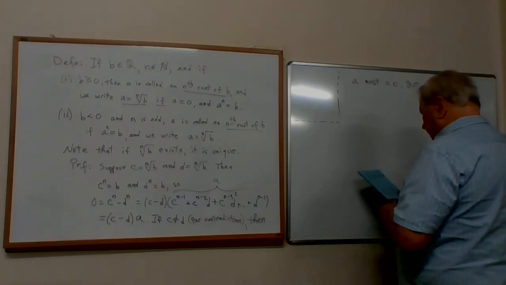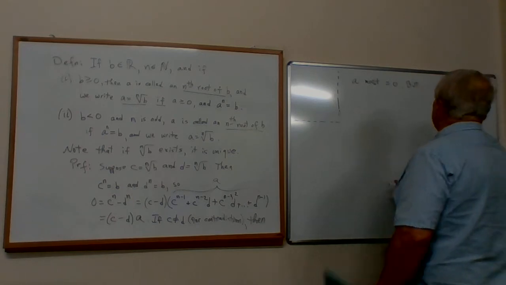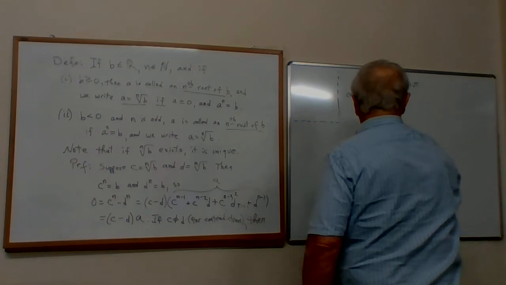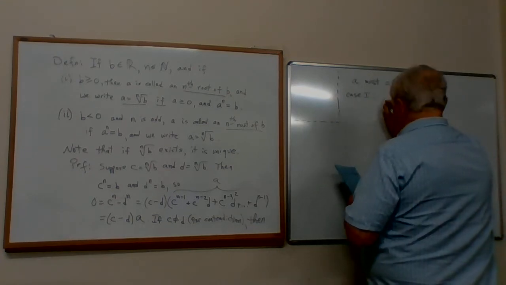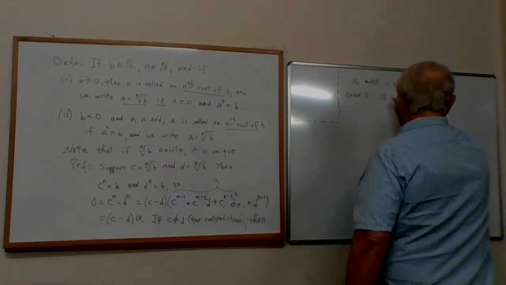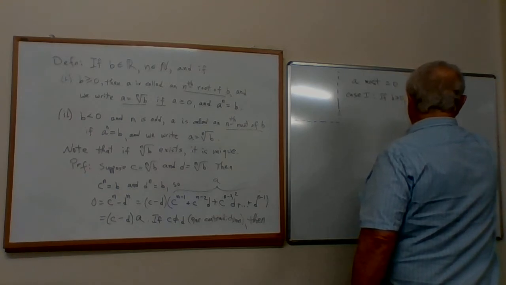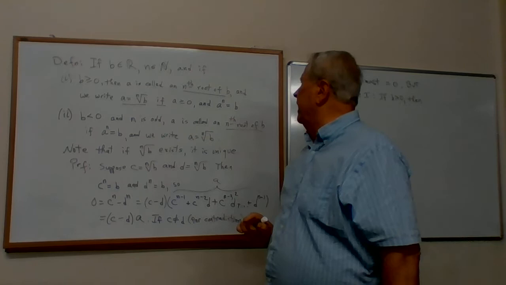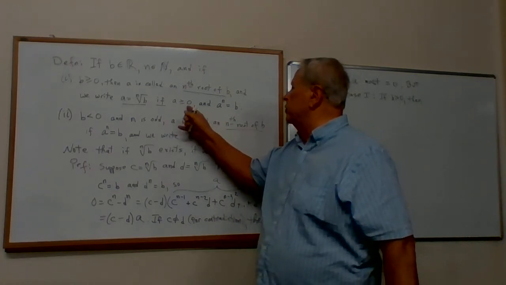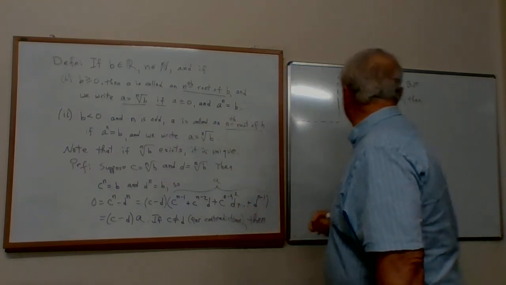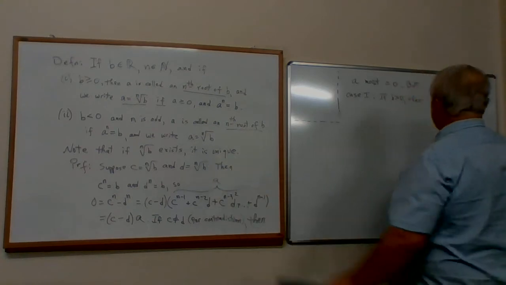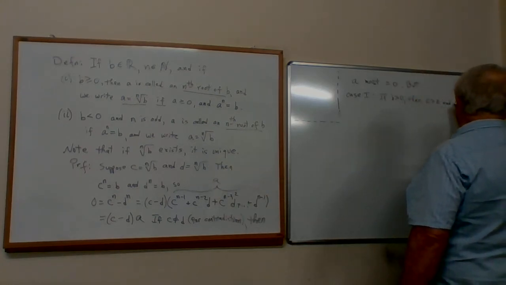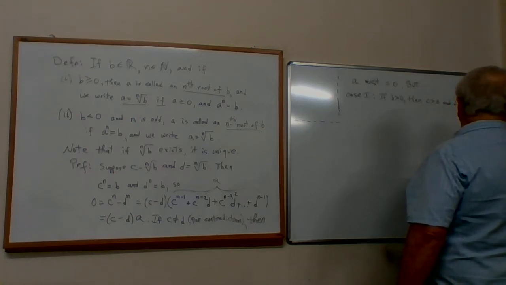Now, am I going to break this into cases? Yes, I am. Case 1. If B is greater than 0, then by our definition, I have to have that the root is greater than 0, and both of those are roots, so C is greater than 0, and D is greater than 0.